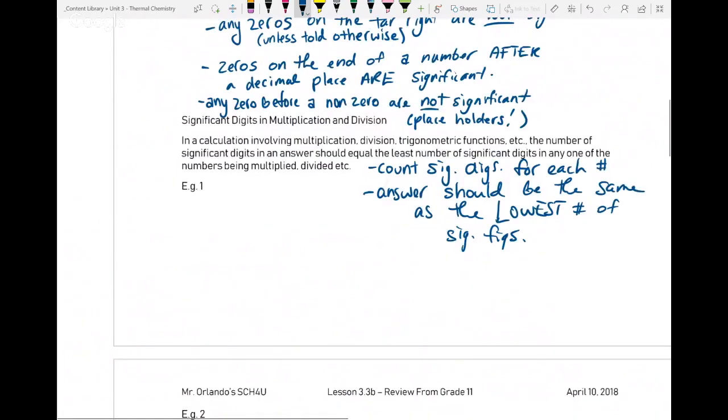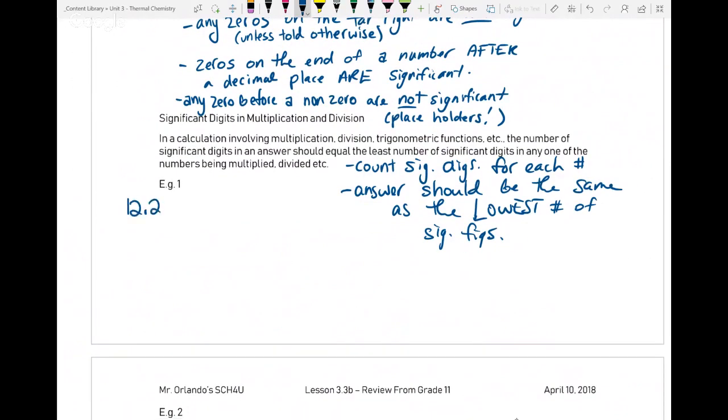So for example, let's do 12.27 times 1.82. Do that on your calculator and see what answer you get. I get 22.3314.